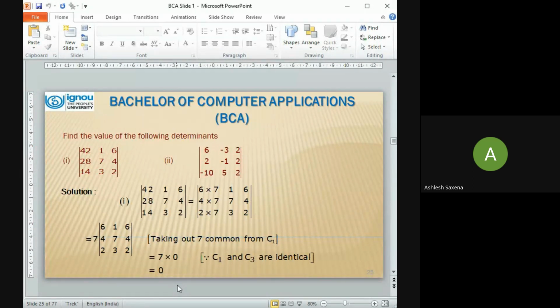If two columns are identical, then what happens? If two columns are same, the determinant becomes 0. That is why the answer is 0. Correct?